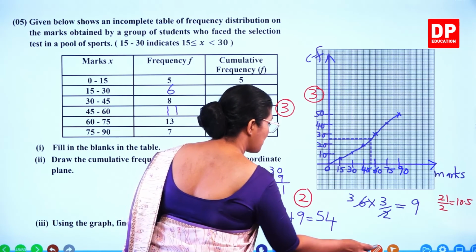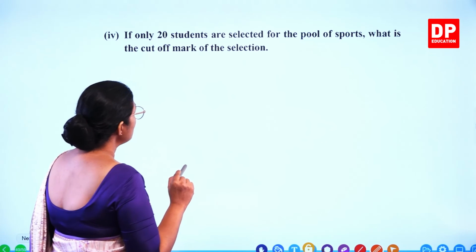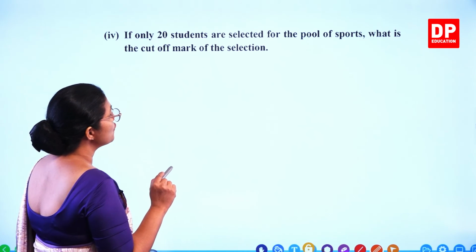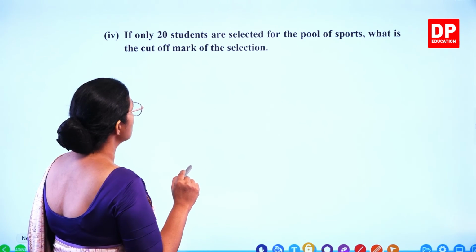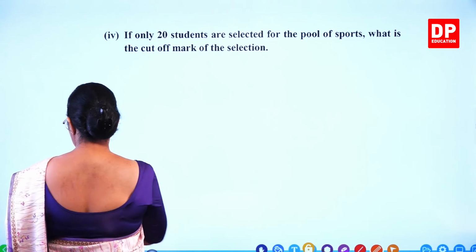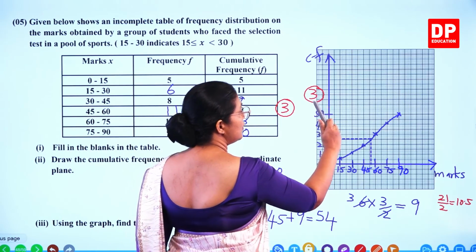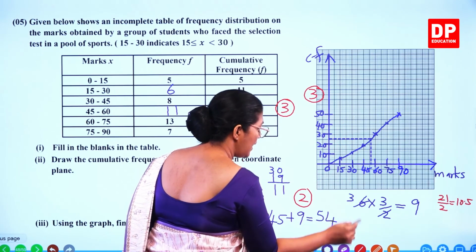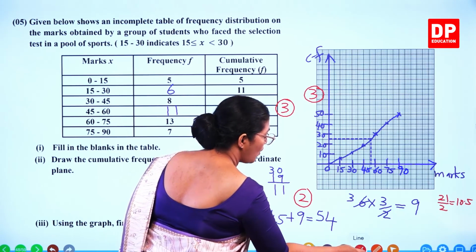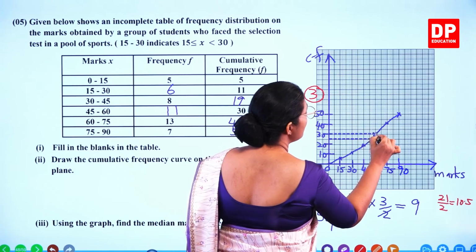Then what is the next part? The last part says, if only 20 students are selected for the pool of sports, what is the cutoff mark of the selection? Only 20 students. So 50, here 10, 20. So you have to draw a line along 30 now and refer to this value.